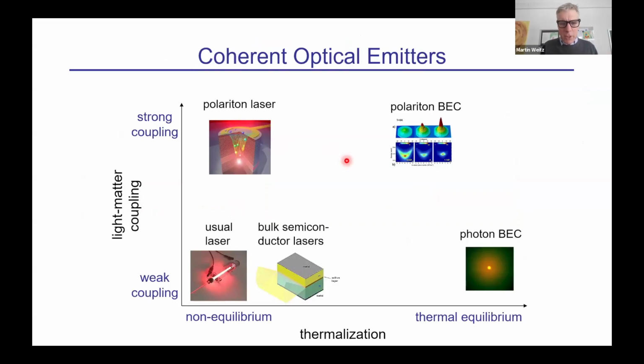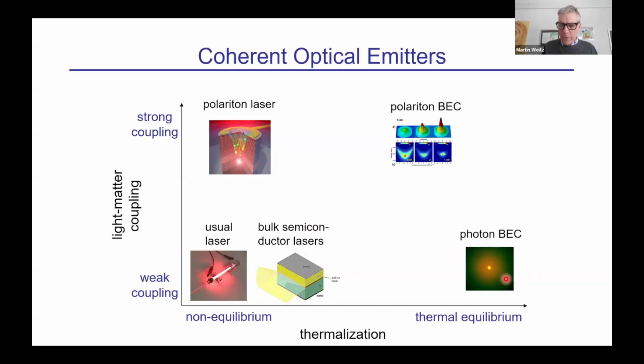First of all, polaritons. So polaritons, as I've been mentioning, operate in the strong coupling regime of matter and light. And depending on whether you have thermalization or not, you either have a polariton BEC or a polariton laser. As with lasers, the photon condensation works in the weak coupling regime of matter and light. This is why it's photons.